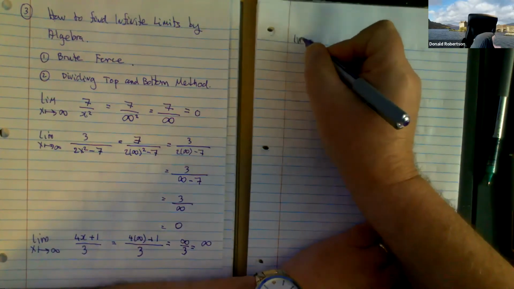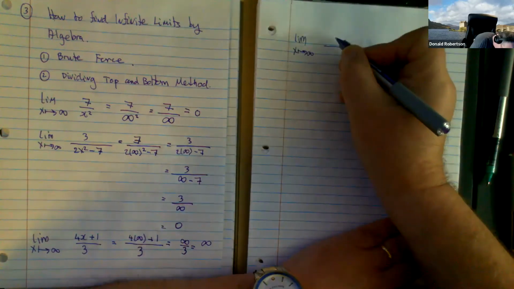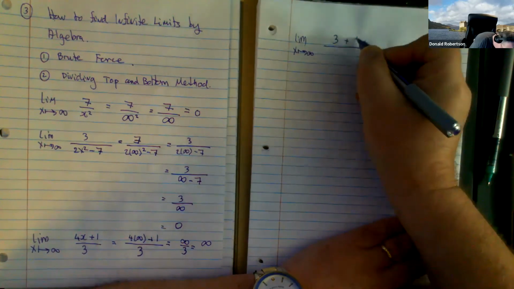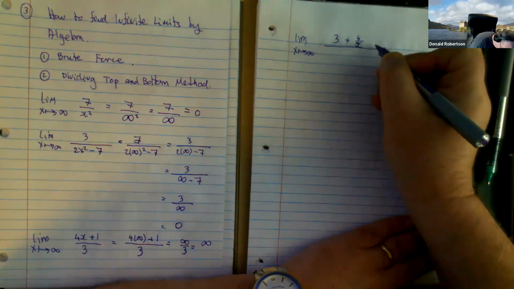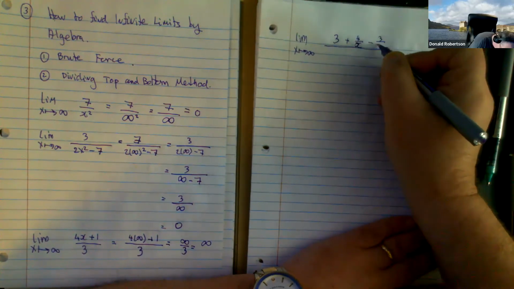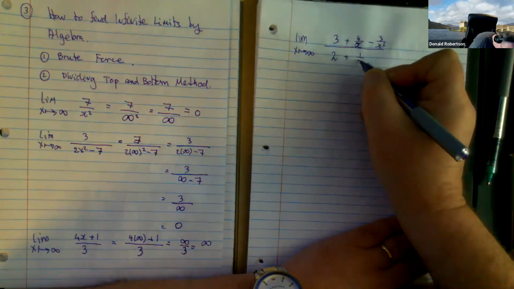Let's put in 1 with a lot of bits going on. I have 3 plus 4 over x, that's meant to say x, right? Minus 3 over x squared, and on the bottom 2 plus 1 over x.